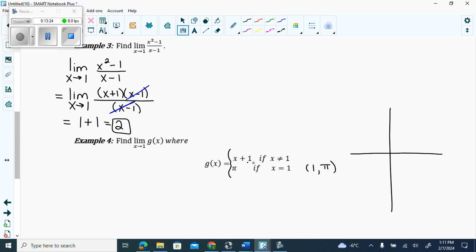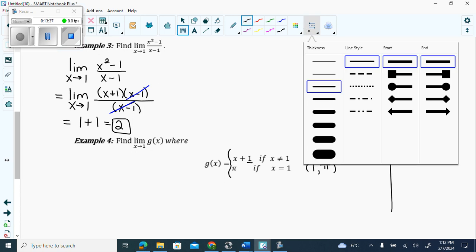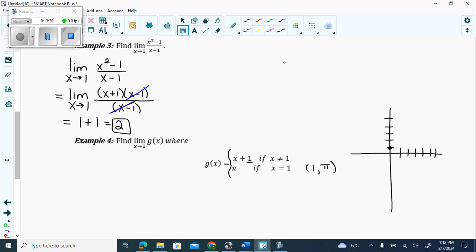I have a y-intercept of 1 and a slope of 1 over 1. So like this, then up 1 over 1, except it's an open dot.